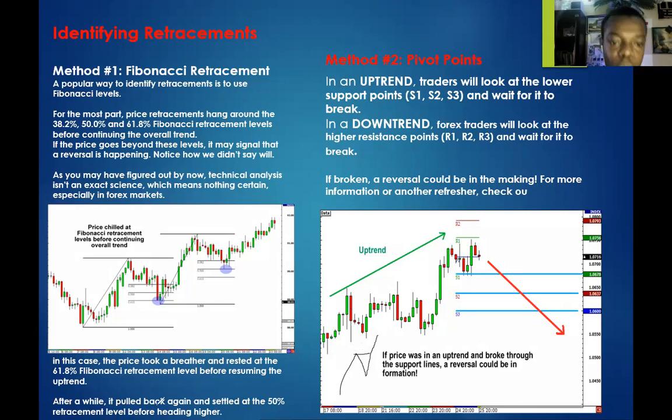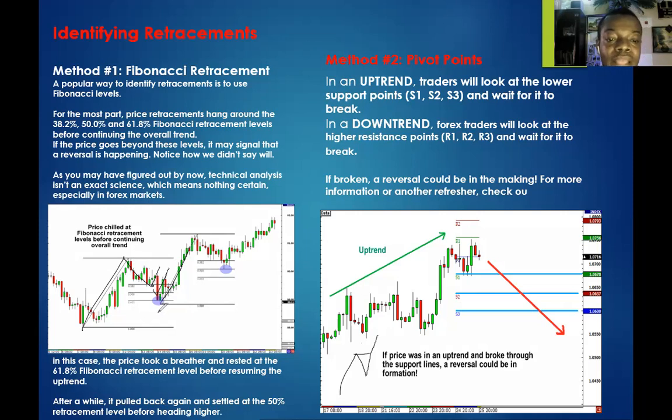Let's say this is 61.8. This is an uptrend, okay? If the market gets to this point, there is a very high chance that the market might return back. If you get to this place, there's a high chance the market might turn back. If you get to here, there's a high chance the market might return and continue, okay?